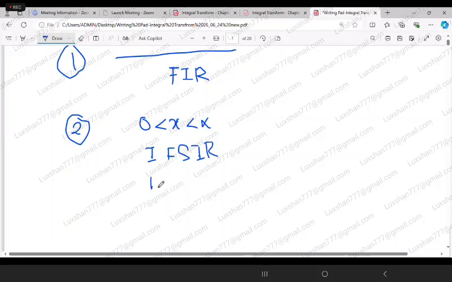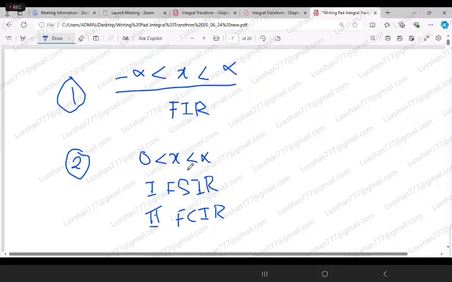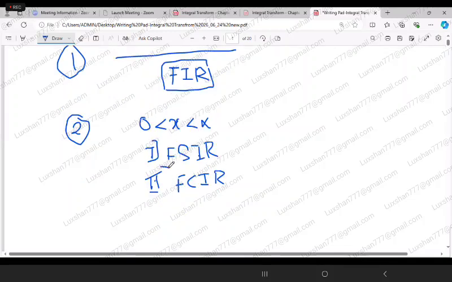The second one is the Fourier cosine integral representation. These are the integral representations. That means you can represent a function in a Fourier integral form.